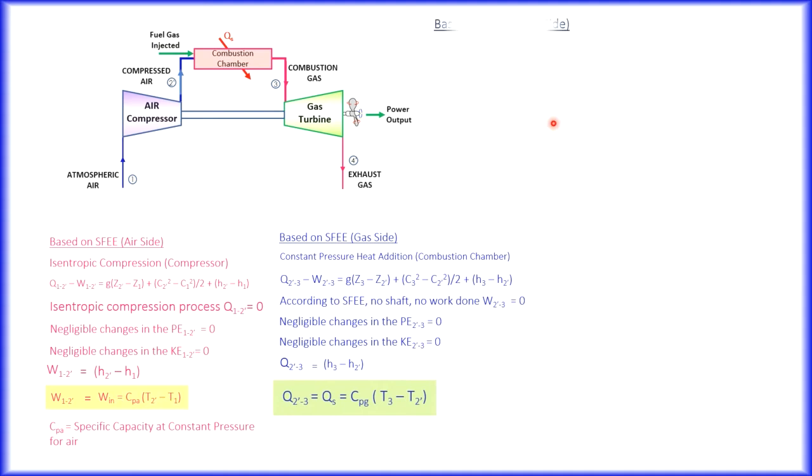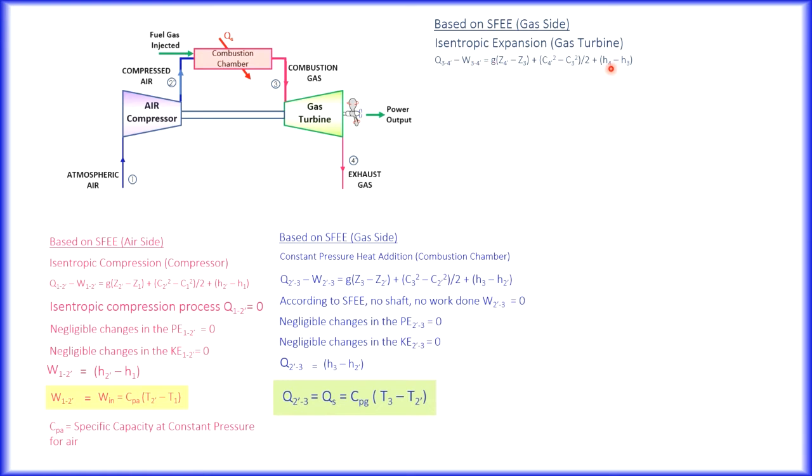Then the turbine, again based on the steady flow energy equation, isentropic expansion. This is your steady flow energy equation. Isentropic, so we don't have heat flow, so this term here can be neglected. The specific potential energy change and the specific kinetic energy change can both be neglected as well.